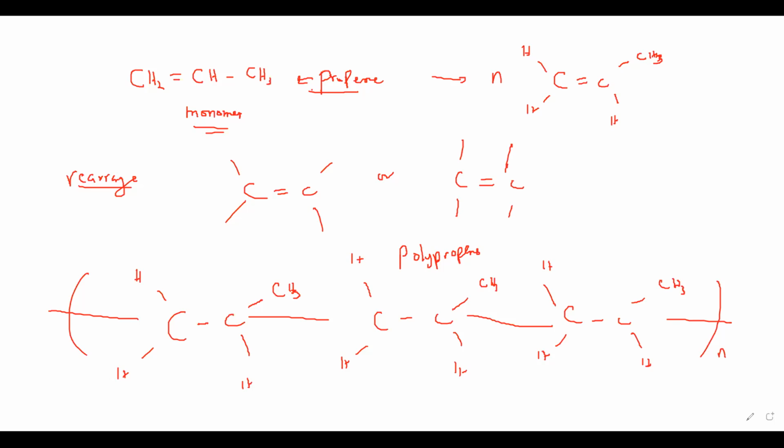But how does this reaction occur, how does this reaction start? This reaction is started with a peroxide initiator. What is a peroxide initiator? In the peroxide, R means the carbon chain, then oxygen, then oxygen, and then a carbon chain.